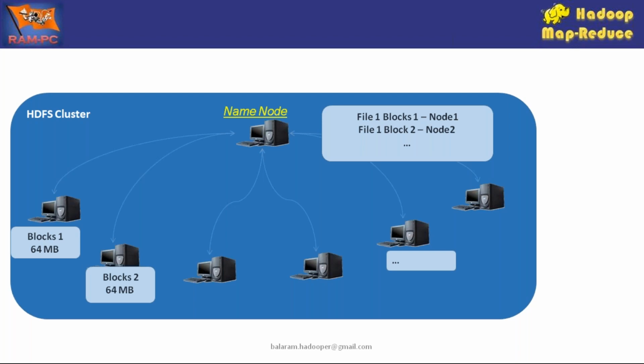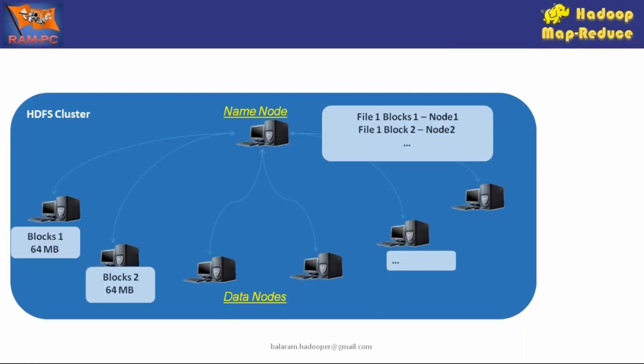All other machines hold the blocks, that is the actual data, so those nodes are called data nodes. Data nodes and name node are the 2 types of nodes available. This is the overall architecture of HDFS.